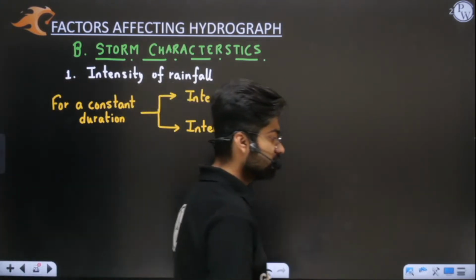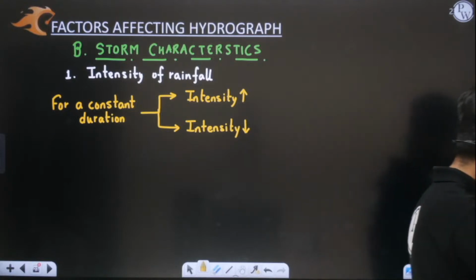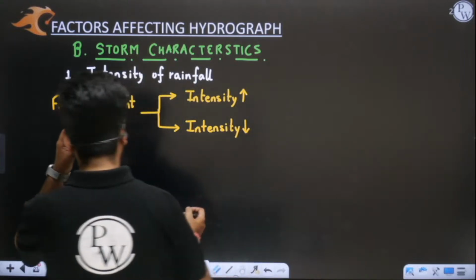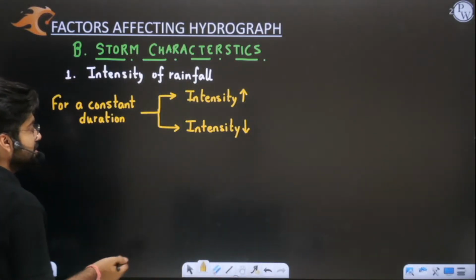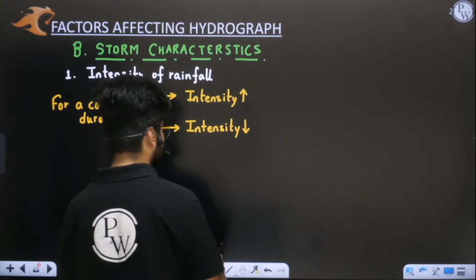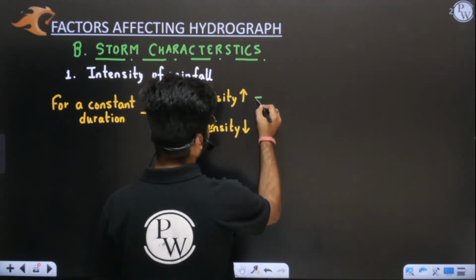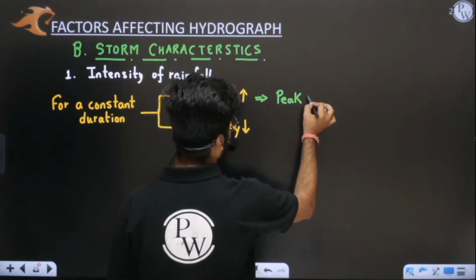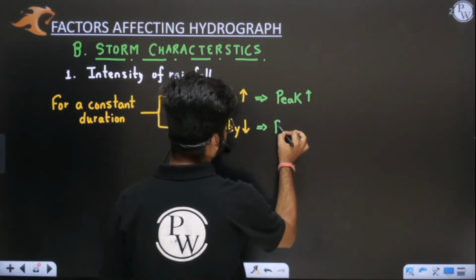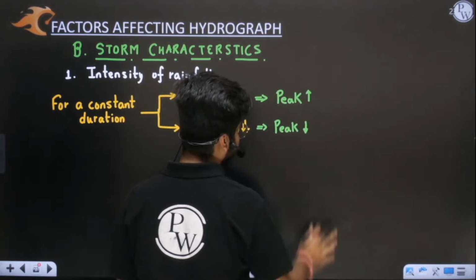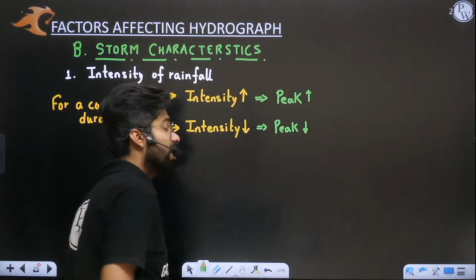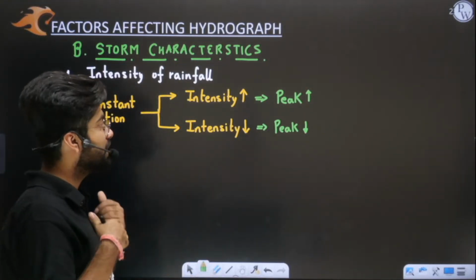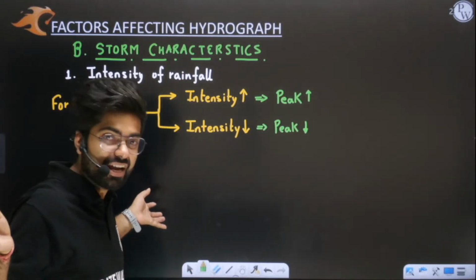If I want to compare two rainfalls which are having different intensities, you need to understand, if we have more intensity of rainfall, then obviously the peak will be more. In the other case the peak will be less. Why? Because the total volume of rainfall is more, so direct runoff is more.